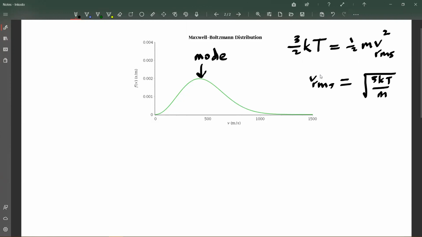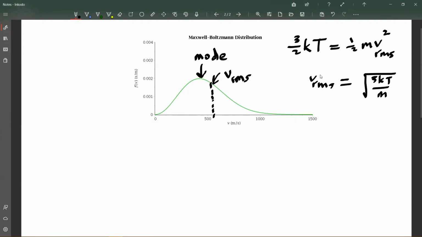The most likely speed would be the peak of the distribution here, the Maxwell-Boltzmann distribution. And that's not quite the same as the RMS speed. If I recall correctly, the RMS speed, that's supposed to be a dashed line, is slightly to the right, because this distribution, you can see, is not symmetric. It has a kurtosis. That's a fun word from statistics. It's skewed to the right.